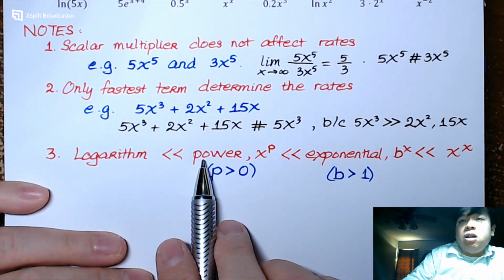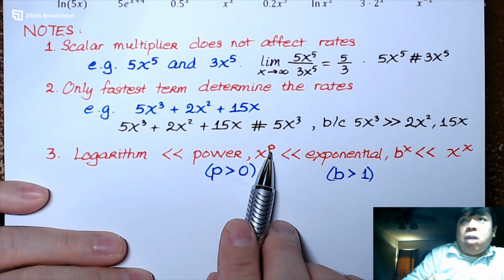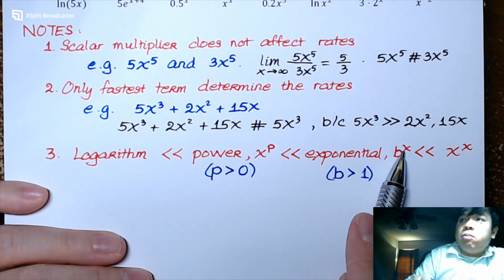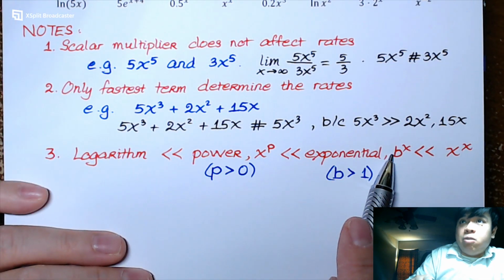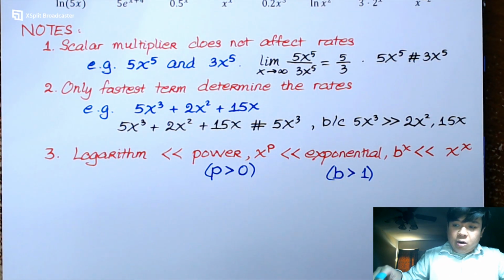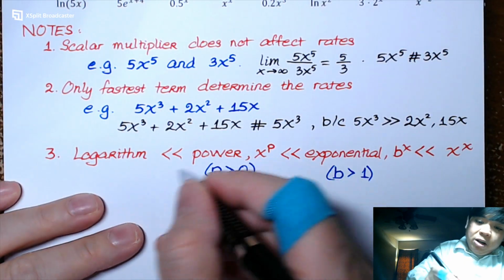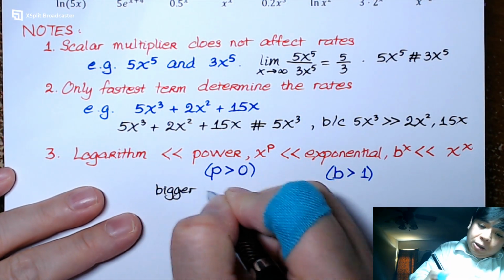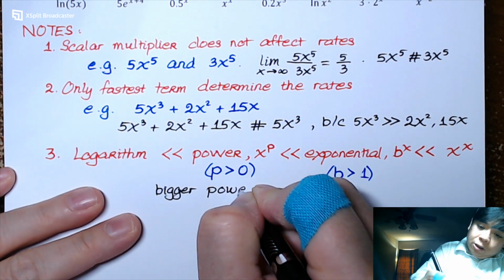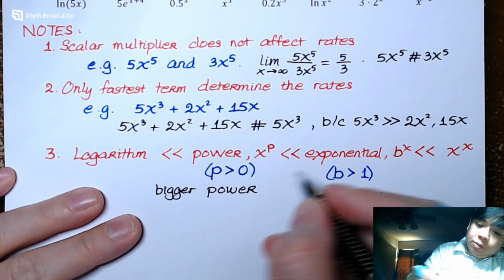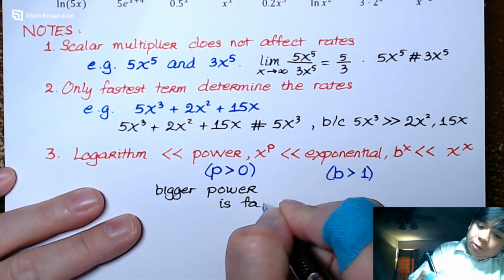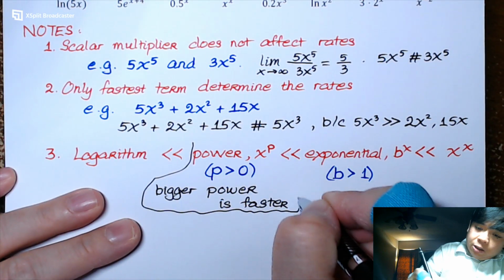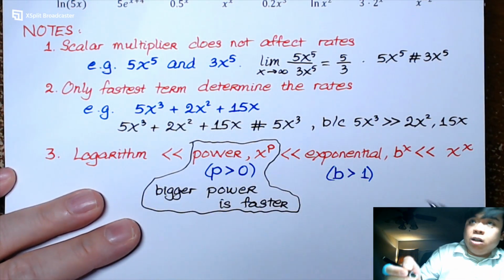Within these, the bigger the power, the faster. Let me write that out. So a bigger power is faster, and we classify all of that under the umbrella of the power.